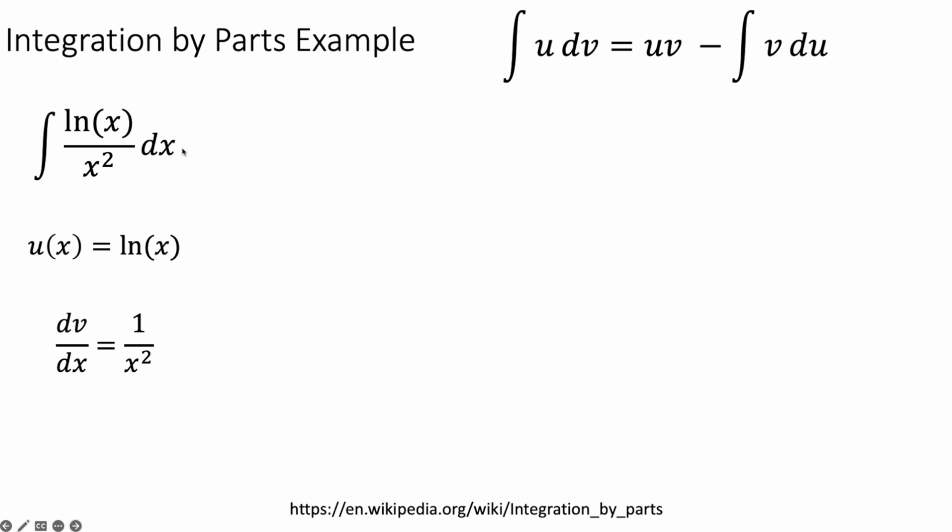And then basically what happens is that when we write the other side, this expression is a true expression. And you'd say, well, why would I take one integral and write it as the product of u and v minus another integral? It's just another integral. Well, the idea is that, if you've applied this correctly, this integral on the right side is an easier integral to do than the one on the left.